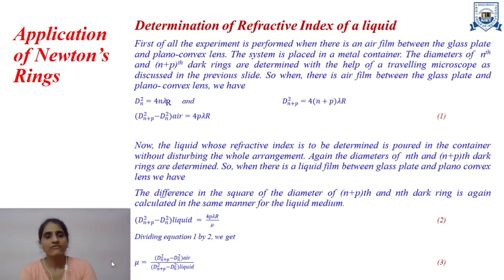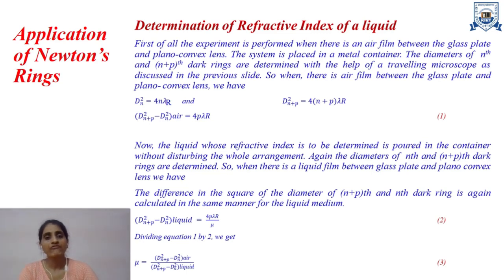In the same way, we will determine the diameters of the nth and (n+p)th dark rings by using a traveling microscope, which is as in my previous slide, that is Dn squared is 4n lambda R and Dn+p squared is 4(n+p) lambda R. So Dn+p squared minus Dn squared of air is 4p lambda R. That is my equation 1.